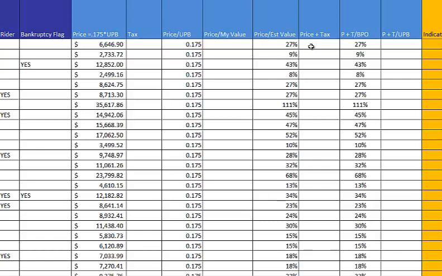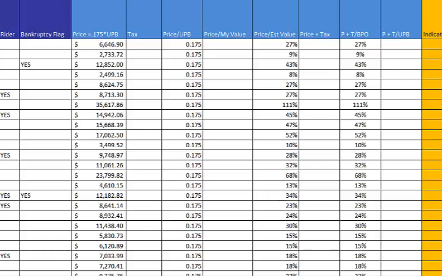And then this column is for the price that the seller is asking plus the tax, and then the price plus the tax divided by the BPO, or by the estimated value in this case, and then a column for price plus tax divided by the UPB. Now all these columns are going to just help us to figure out how good of a bargain these notes are.